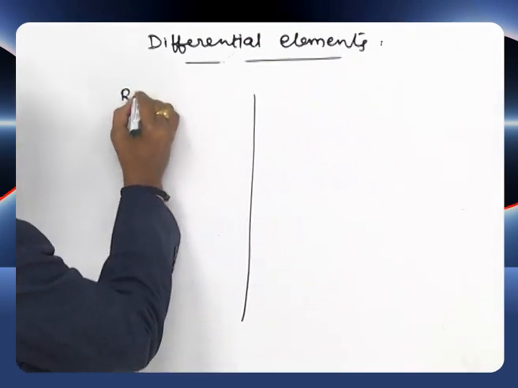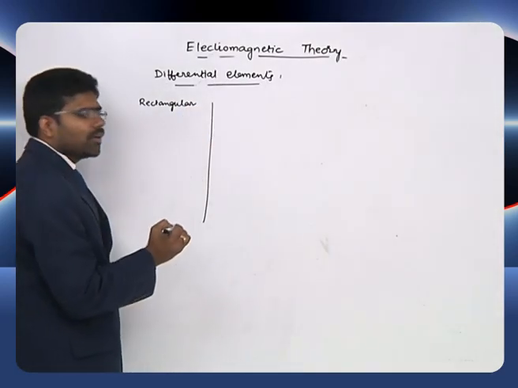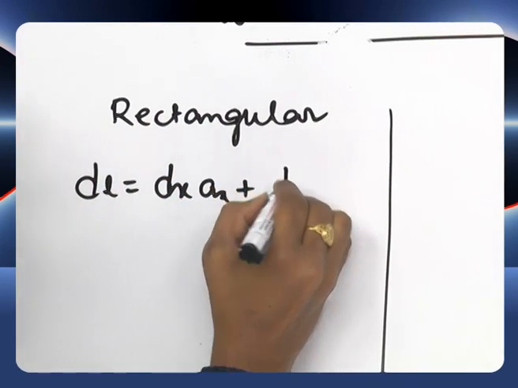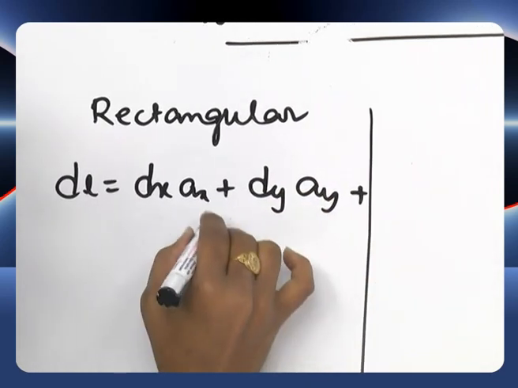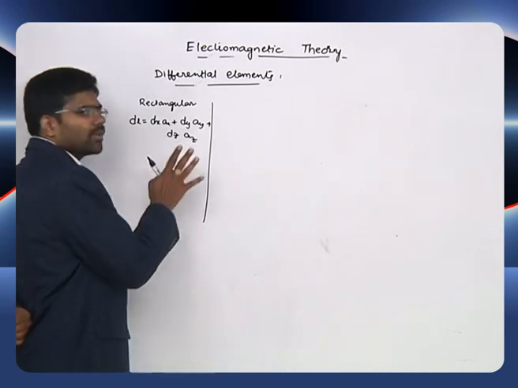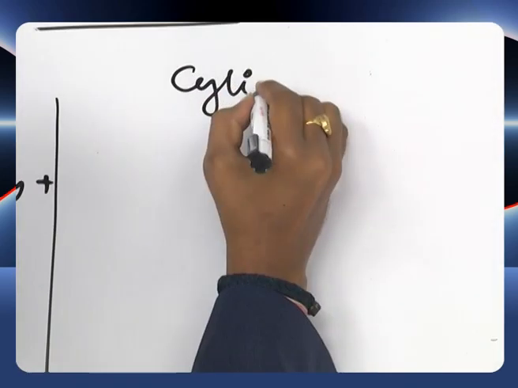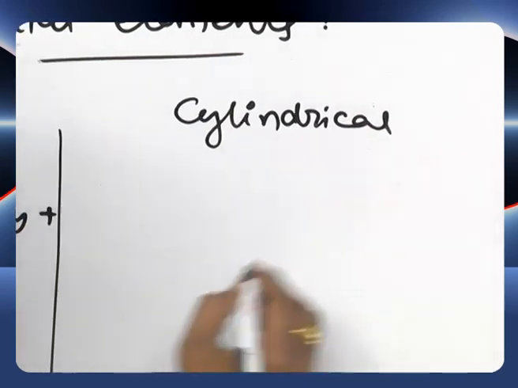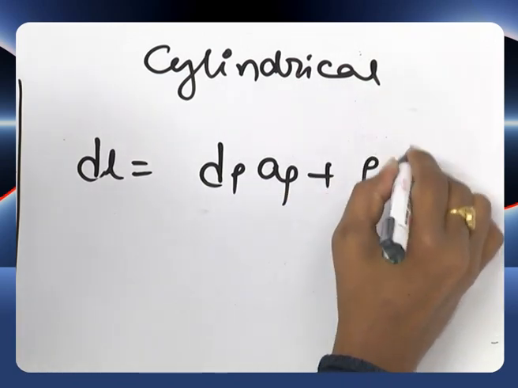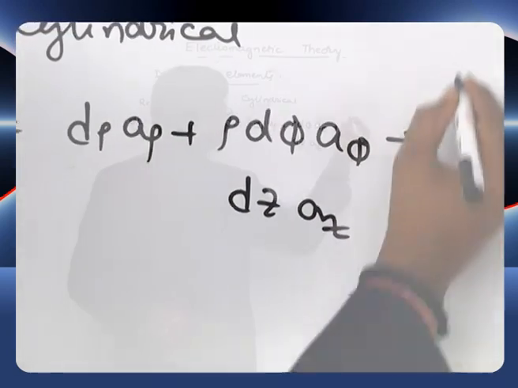Let us consider the rectangular coordinate system. In the rectangular coordinate system, directly you can write the differential length. The differential length is equal to dx ax plus dy ay plus dz az. That is the differential length. As I said, just remember this one, nothing else. Now in the cylindrical coordinate system, the differential length can be written as d rho a rho plus rho d phi a phi plus dz az.